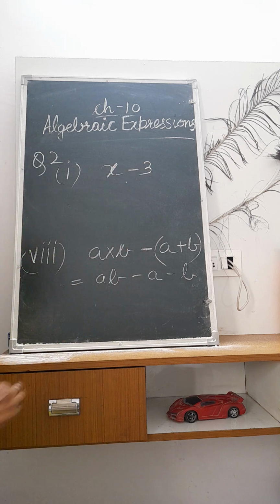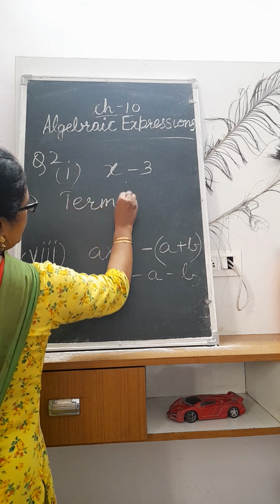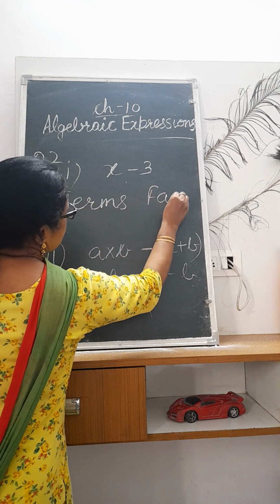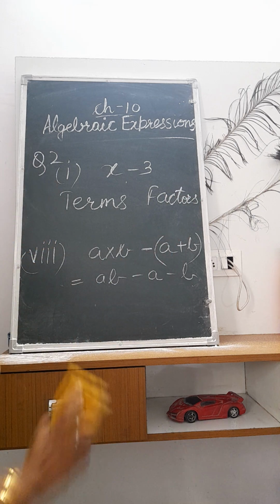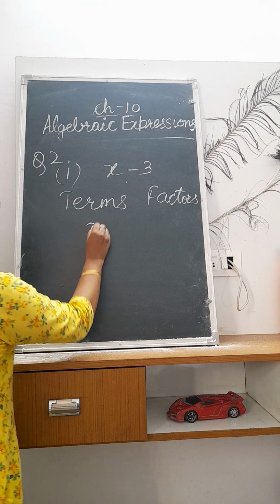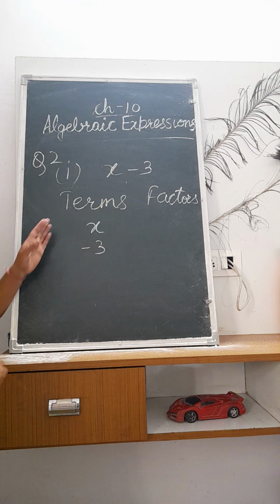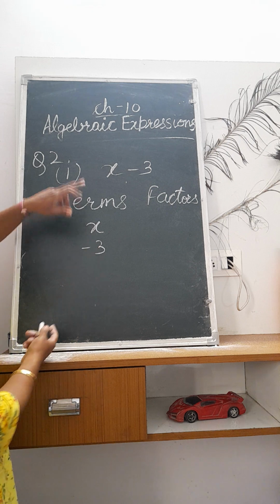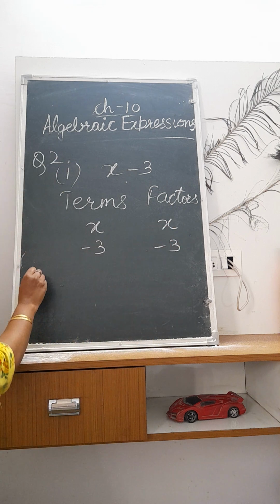Here we have two terms. The terms are x and minus 3. The factors are also the same, because each is a single term. So the factors are x and minus 3.